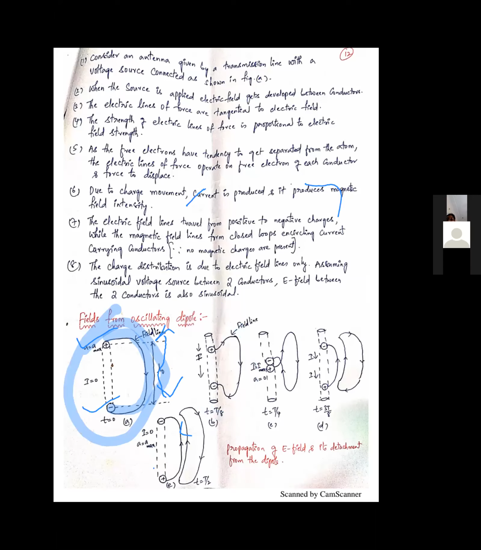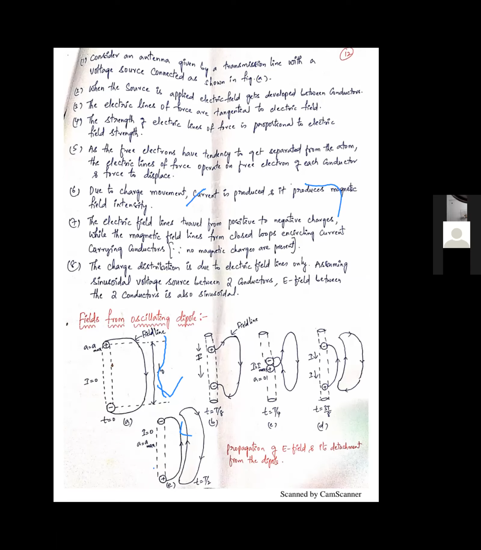Now, at another time, say t equal to 2T by 8, which means T by 4, these two charges will meet at the midpoint and the field lines get detached.